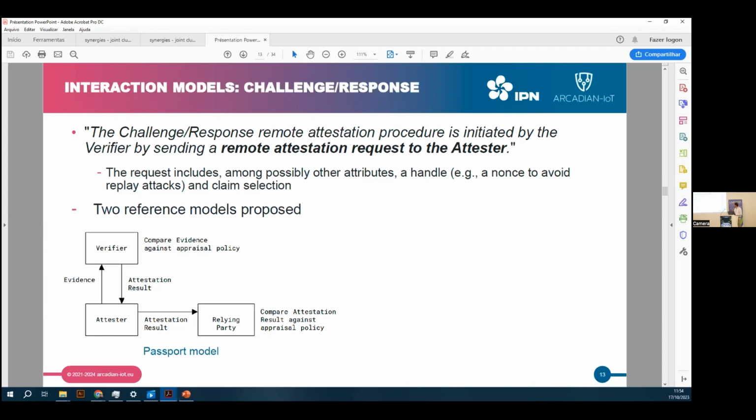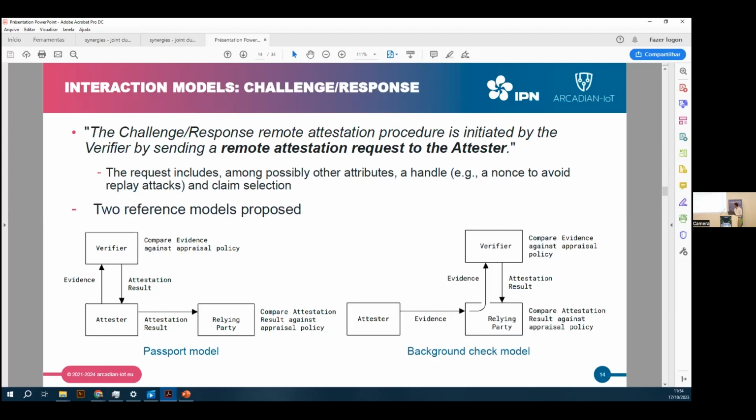The second mode is the background check model, and the difference is the way that, in this case, the attester sends the evidence to the relying party, which then forwards it to the verifier for appraisal before receiving the attestation result.